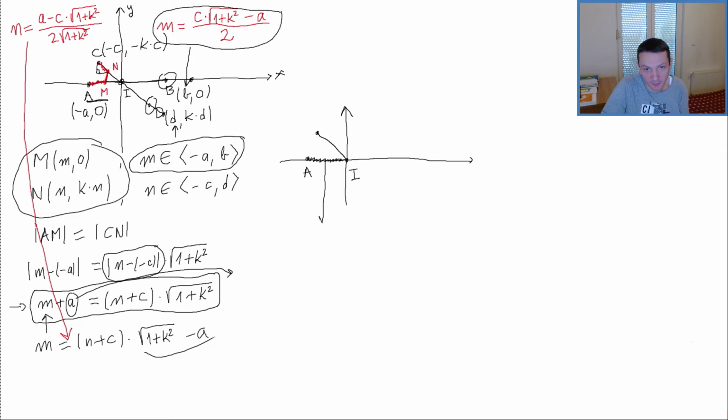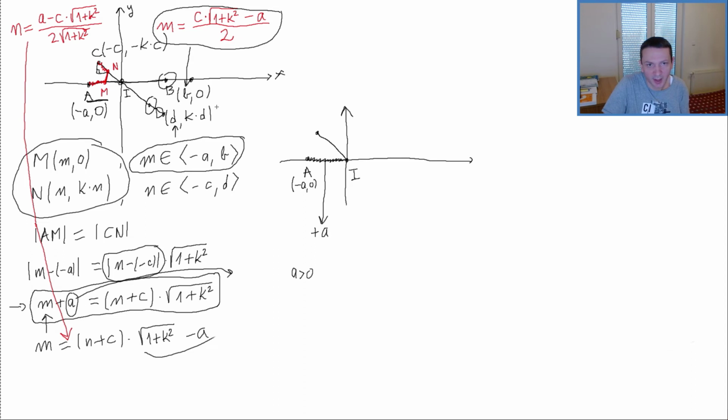Let me recall that A was, sorry. Actually, no. The length of this is A, but the coordinate of A point is minus A, and this length is A.